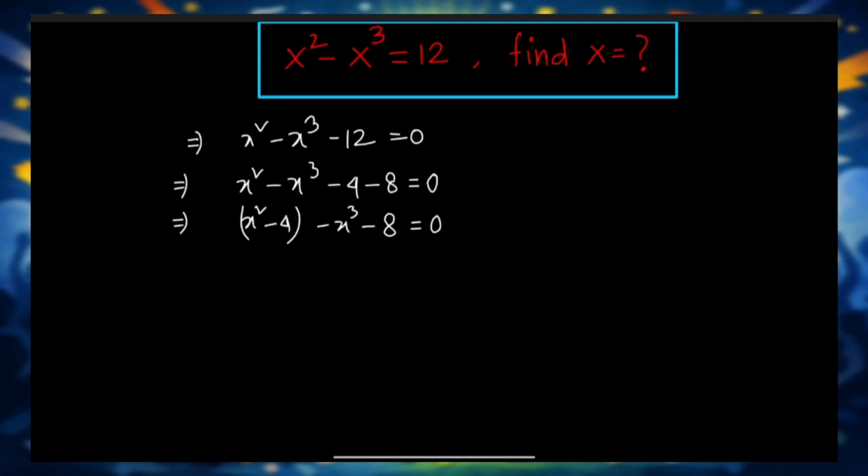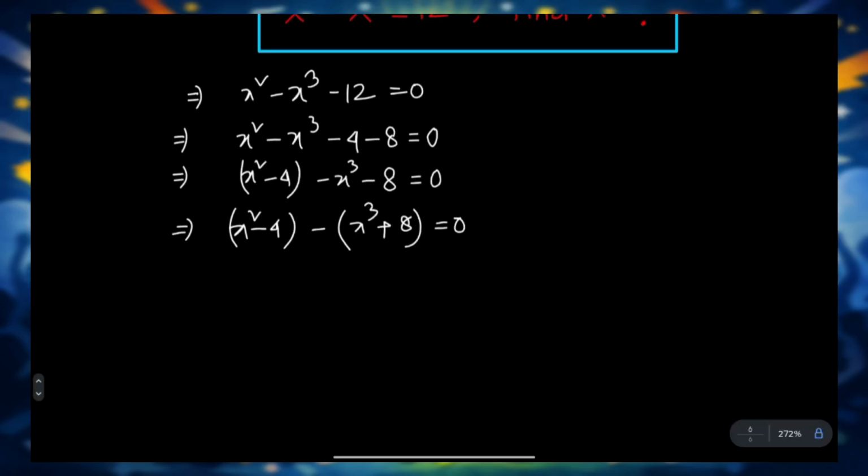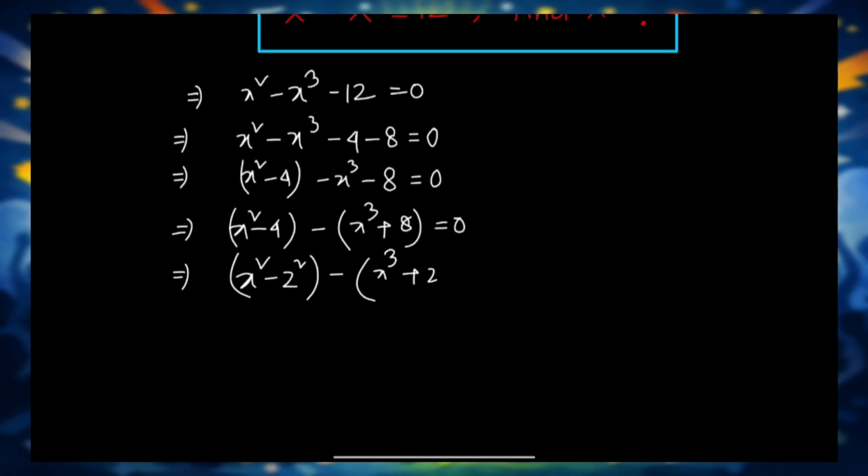Okay, now x square minus 4, and after taking minus as common, this will be x cube plus 8 equals to 0. Thereafter we write this as x square minus 2 square minus x cube plus 2 cube equals to 0.